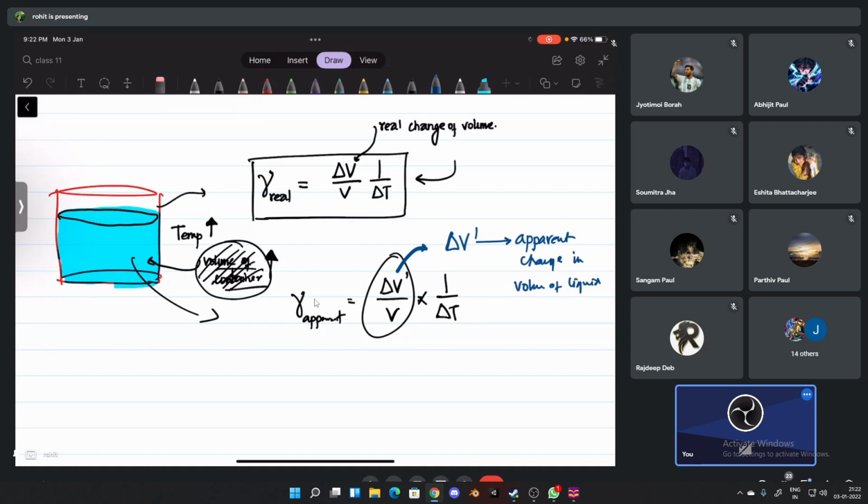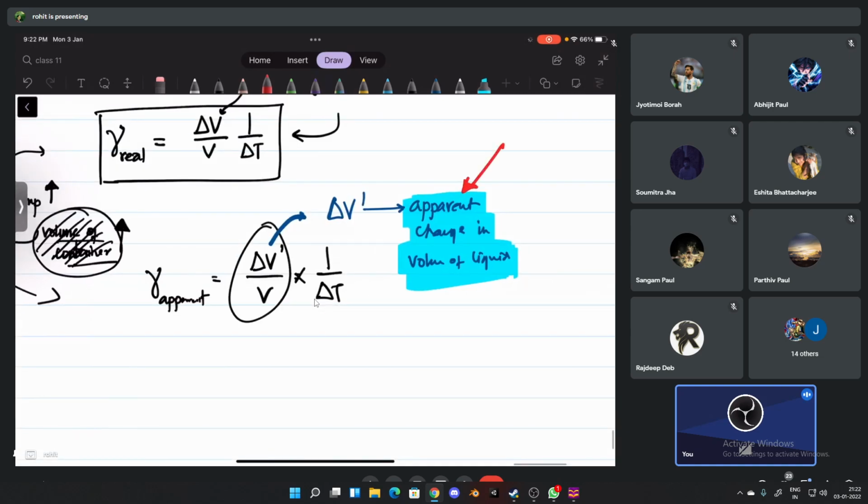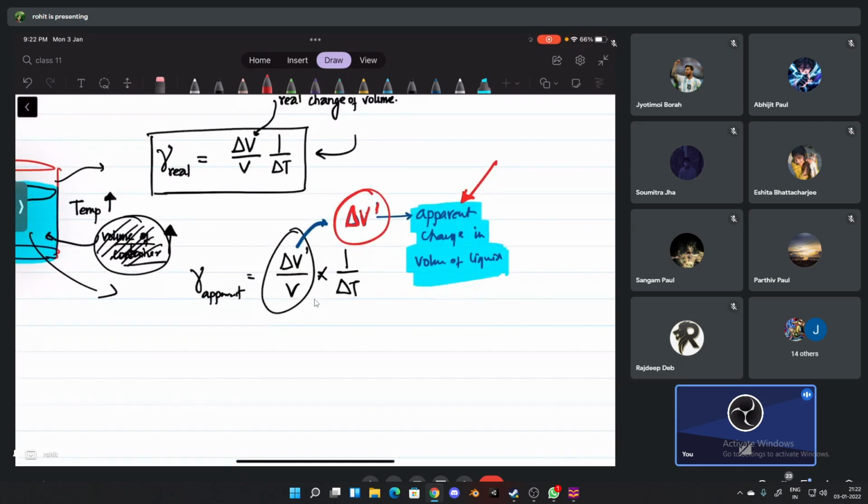Now you think and tell me, does it represent the actual change of the volume of the liquid, or have I not taken into account the change in volume of the container when I measure this delta V dash? It is somewhat inside the change of volume of the liquid itself.